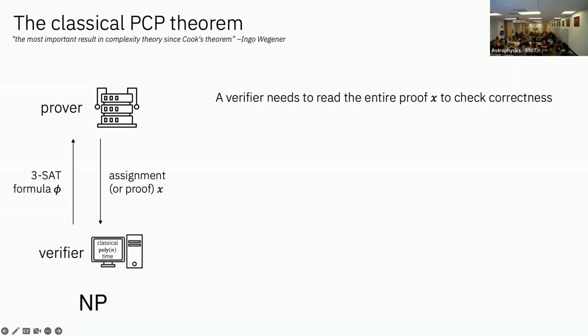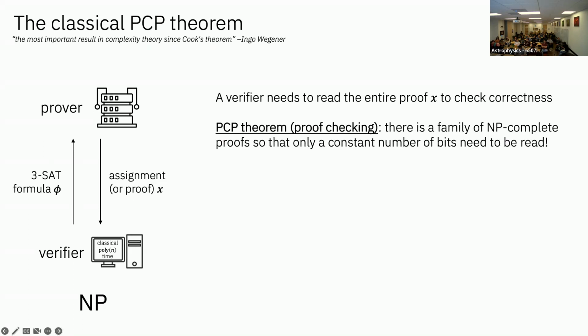Okay, but the catch being that in that case, the verifier has to now check the entire assignment. He has to check the entire proof to make sure it's actually correct. He can't skip any part of it because the proof might have been very brittle. If you gloss over it for a second, you miss an error, suddenly it looks right, but the entire thing seems wrong at the end.